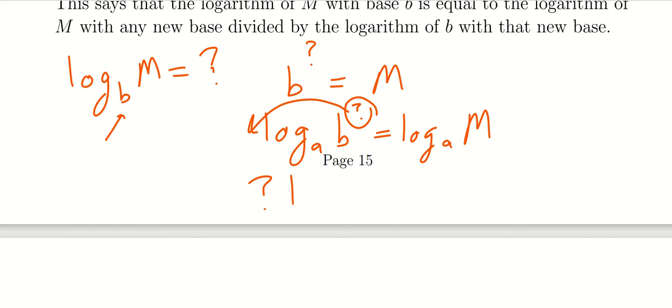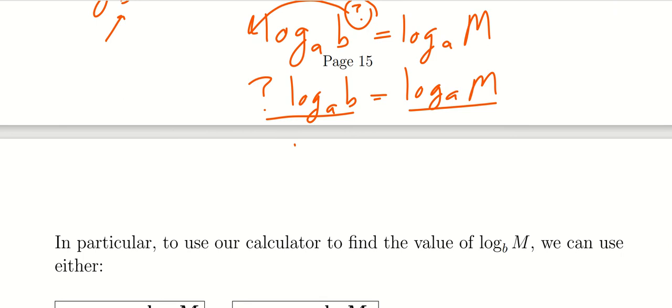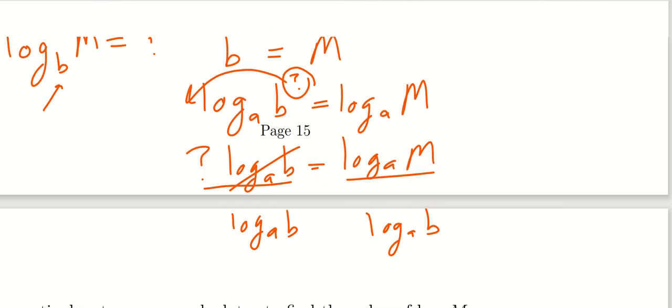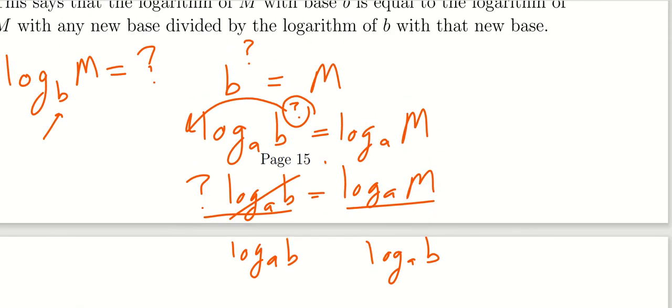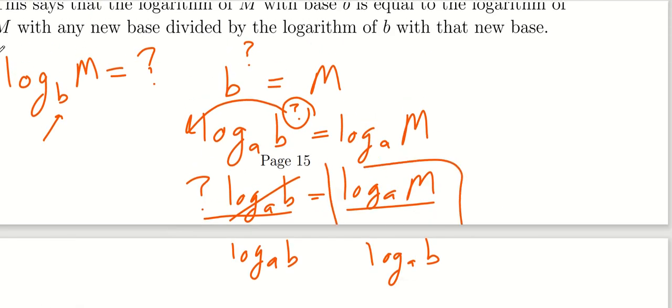So the unknown exponent times log base a of b is equal to log base a of m. Then to get the unknown value by itself, all you do is divide both sides by log base a of b. That cancels, and that's where the change of base formula comes from.